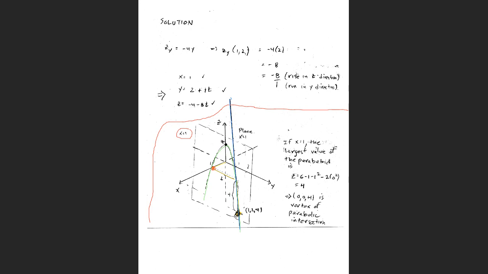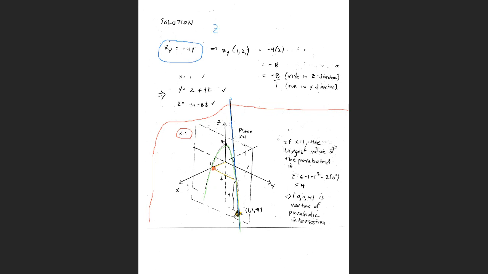Okay, so tangent line, for some reason. We know that to get a tangent line, we need to take a derivative. But for some reason, I'm taking the partial derivative of z with respect to y.